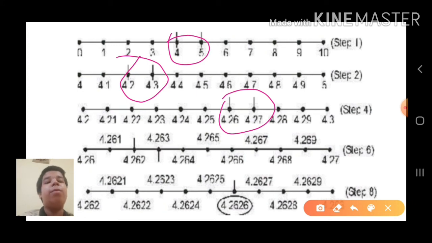The numbers formed would be like this: 4.26, 4.261, 4.262 and so on. Now again recognize the number that we have been given, 4.2626. So the number would be between 4.262 and 4.263. Mark that too.